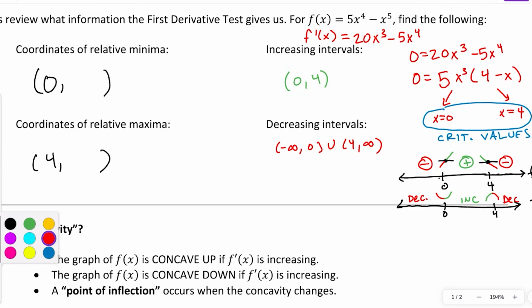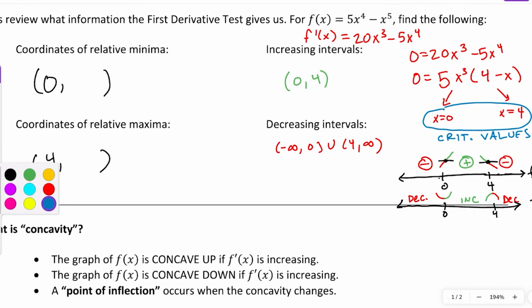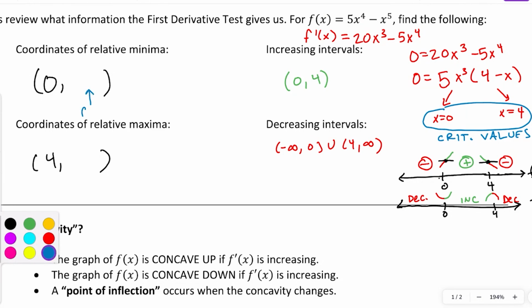If we plug 0 into the original function f, find f of 0, I'll write that out so you can see where we got this number. If I plug in 0, I just get 0 minus 0, which is 0. So the y-coordinate is 0.